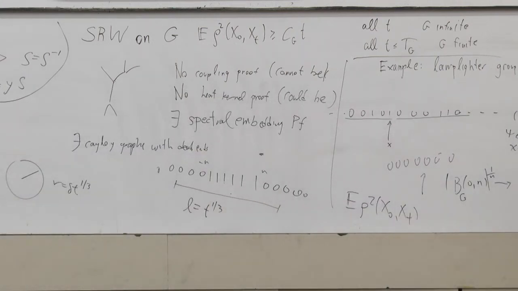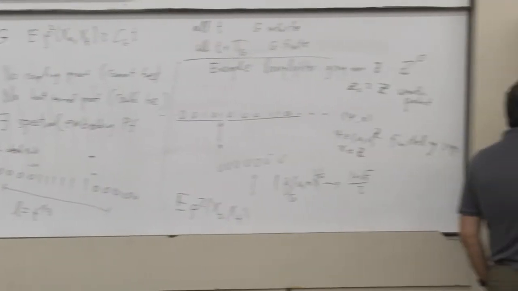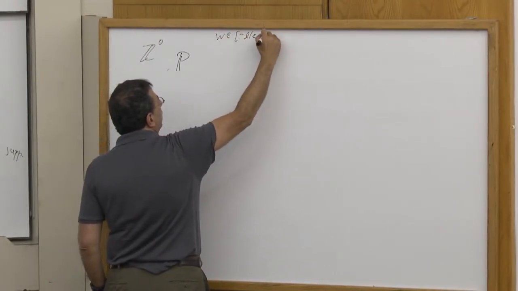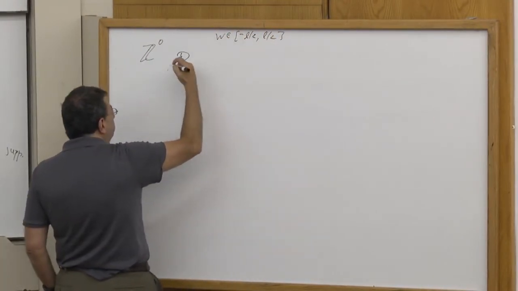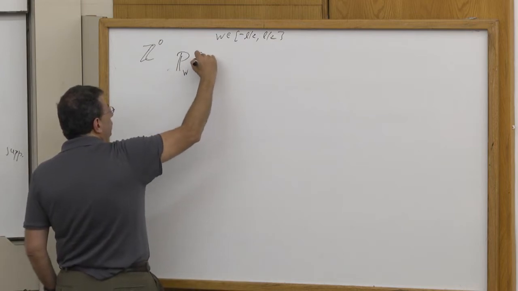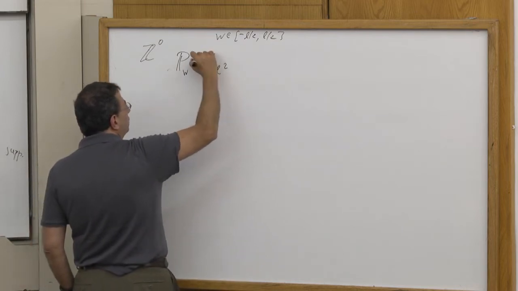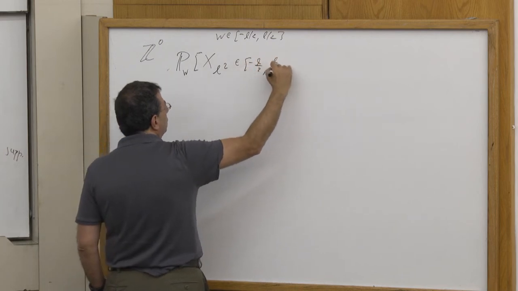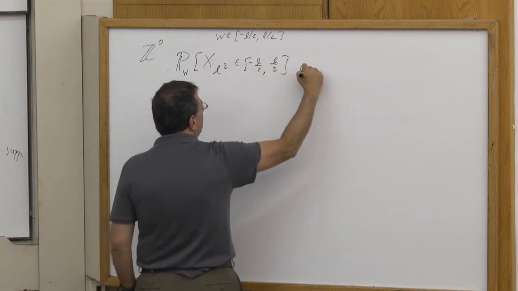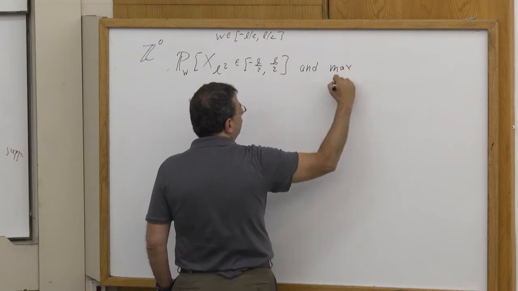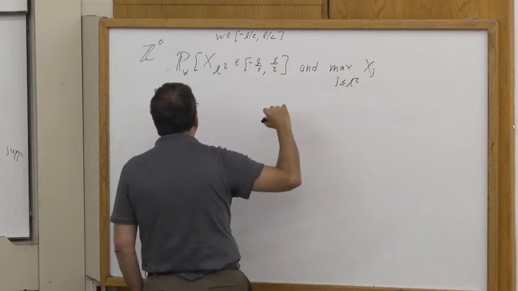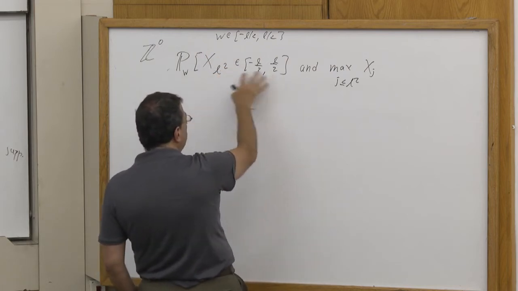So on the lamplighter group, starting from any W in minus L over 2, L over 2, consider the probability that at time L squared the walk is again in minus L over 2, L over 2, and the max over all times j less than L squared of xj is less than L. By x, I'm just recording the marker.